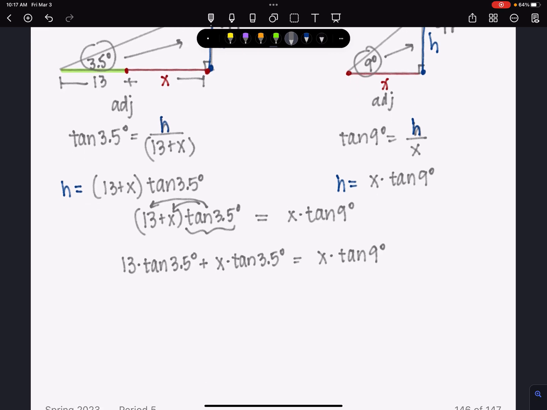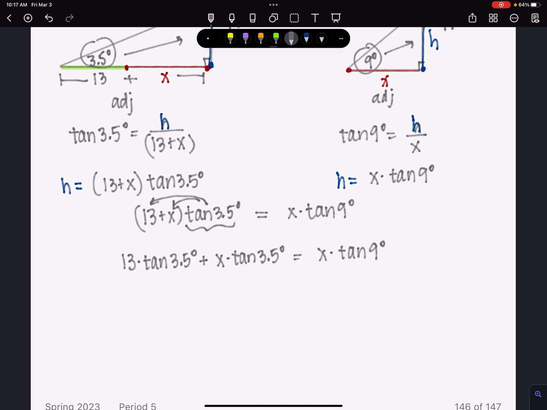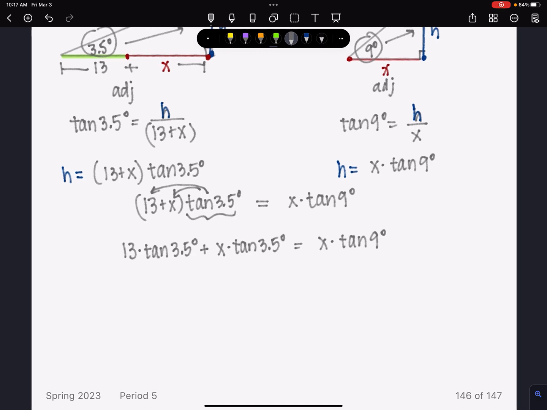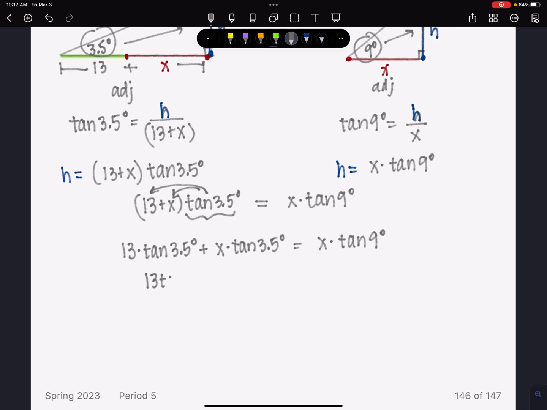Now, in order to solve for x, I need to collect all the x's on the same side of the equation. So I'm going to keep 13 tangent of 3.5 degrees on the left-hand side, and I'm going to subtract over x times the tangent of 3.5 degrees. That's going to allow me to factor out an x.